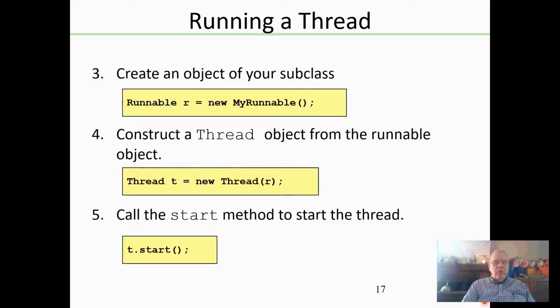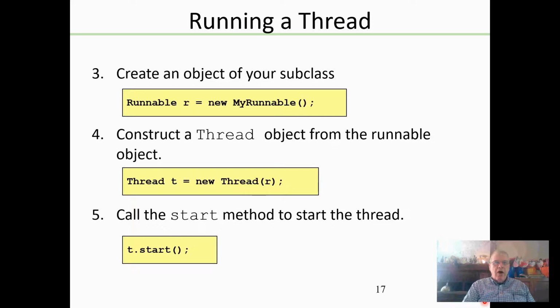So once you've got the Runnable class, MyRunnable over here at the very top in section 3, then you create an object from that class. In this case, R is a reference variable that points to a new MyRunnable object. And then fourthly, the 4th bullet, we create a thread object from the Runnable object.